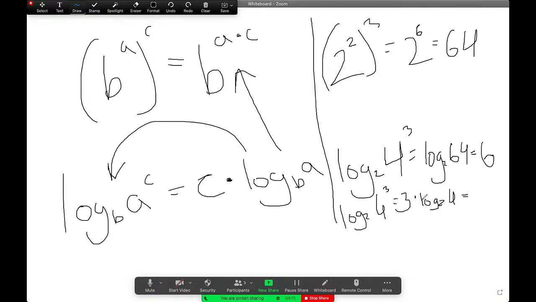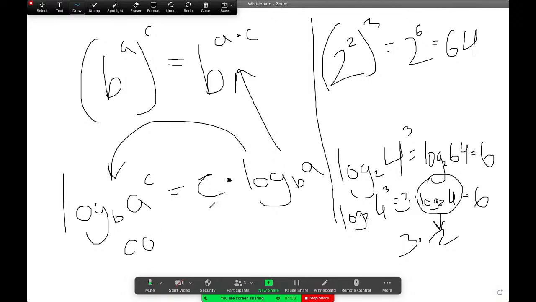So this equals 2 times 3, and basically that's 6, because 3 times 2 is 6. And we got the same answer, so we know that it definitely works. Even though it's a little bit complicated, it still works. And most of the time, it'll be more useful like this.